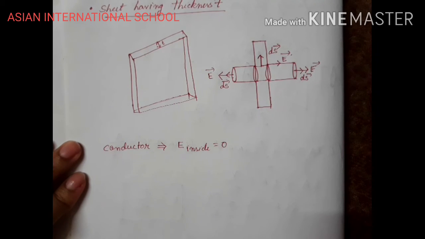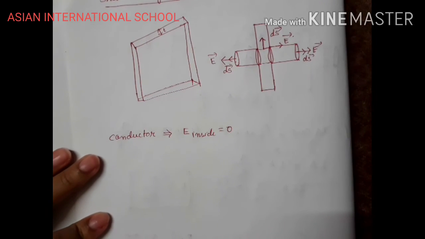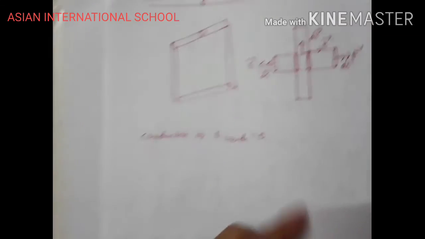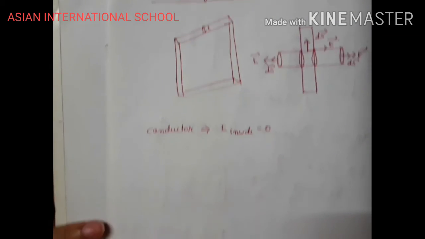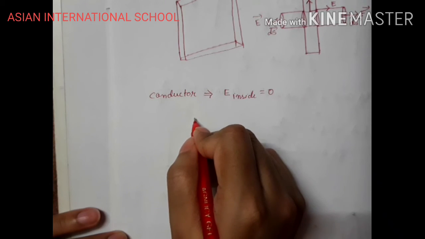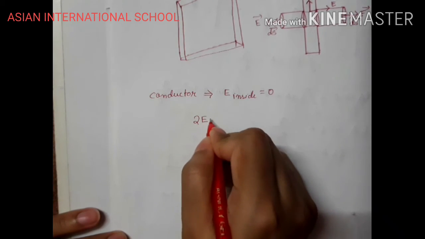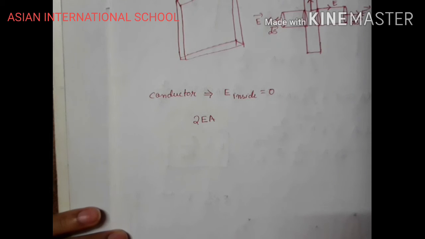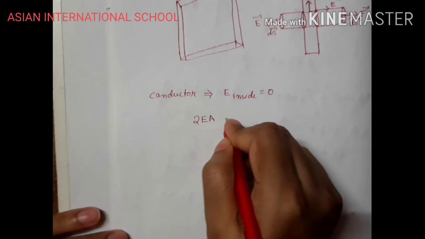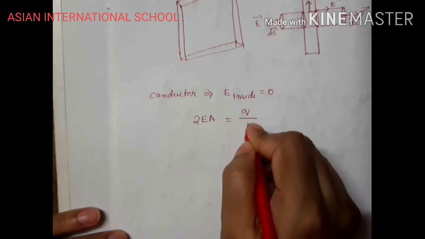So if we do all these things, again we will see that our electric field is responsible for two surfaces, for this surface and for this surface. Therefore, just like the previous derivation, it will come 2EA equals Q by epsilon naught.